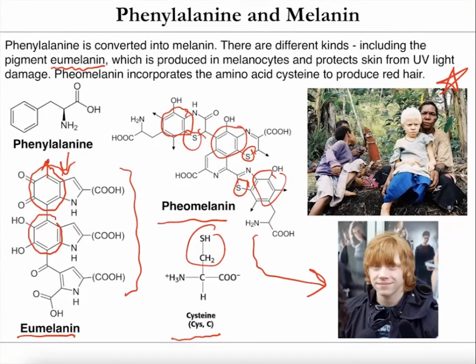That's caused all sorts of terrible horror stories in certain places where they can be exploited or even murdered because of the fear around their skin color. But really, it's just a chemical that's important in protecting our skin from UV light.